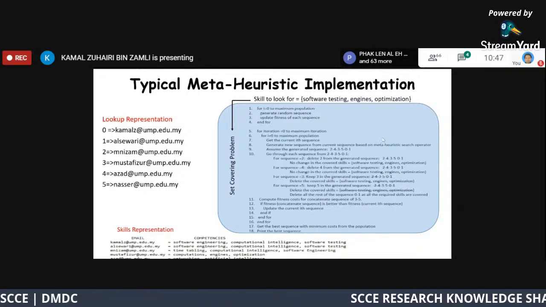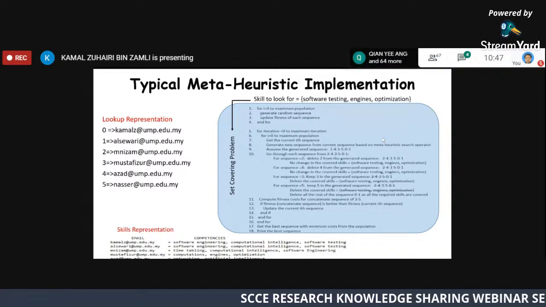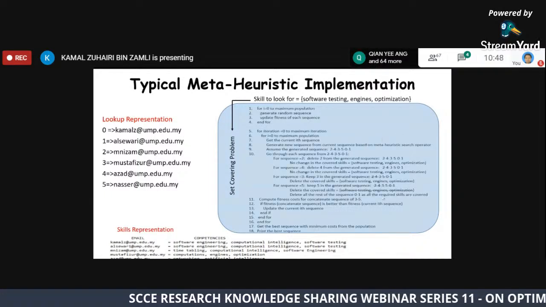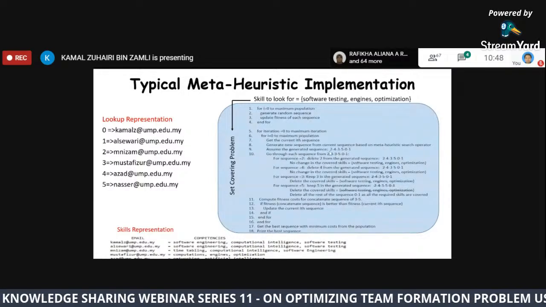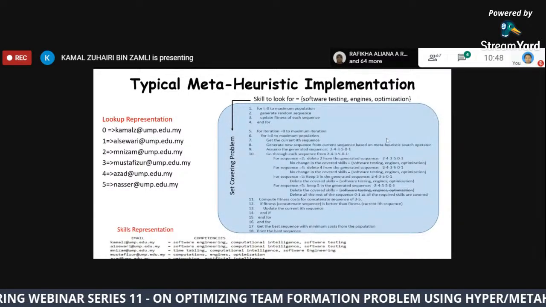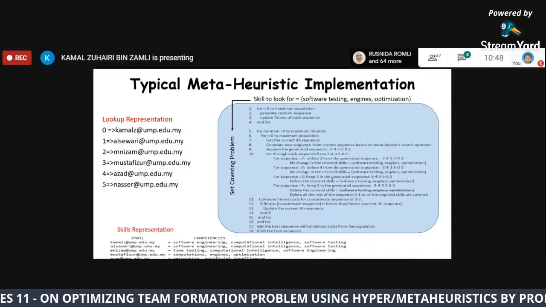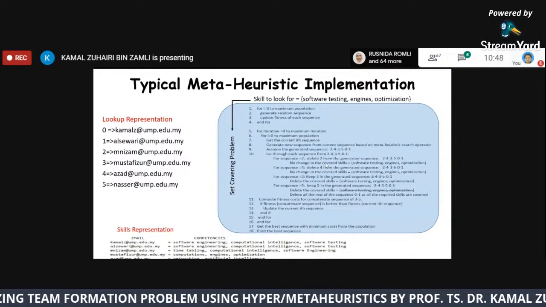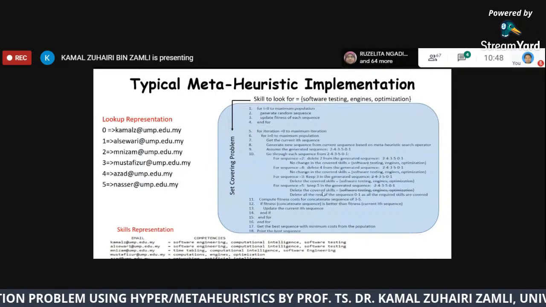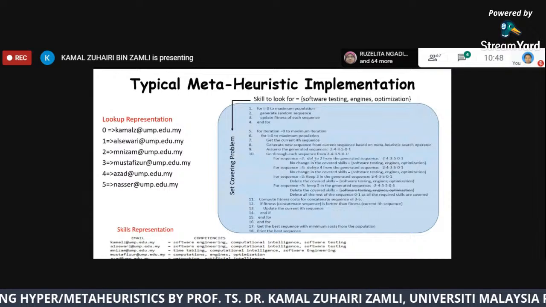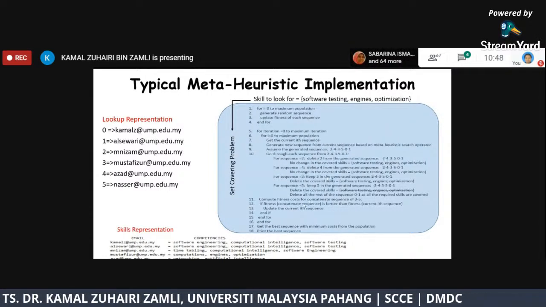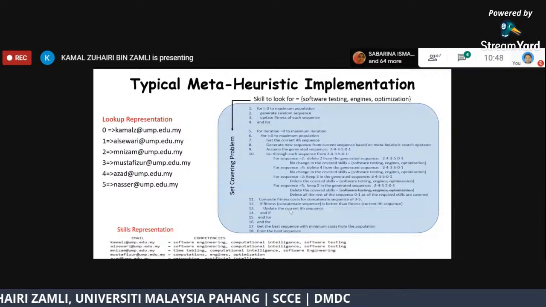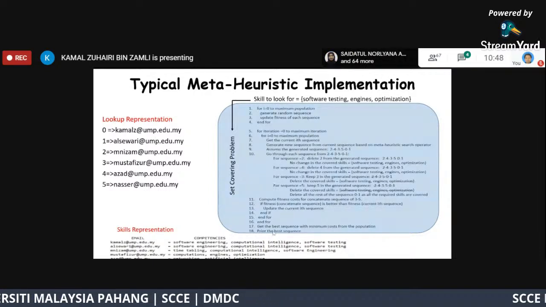For GA, for example, you have mutation, so you mutate the original sequence into a different sequence, and then you evaluate whether or not it covers the skills that you require. Then you measure the cost, and if the cost is better than the previous cost, you update, and in the end you pick the best.